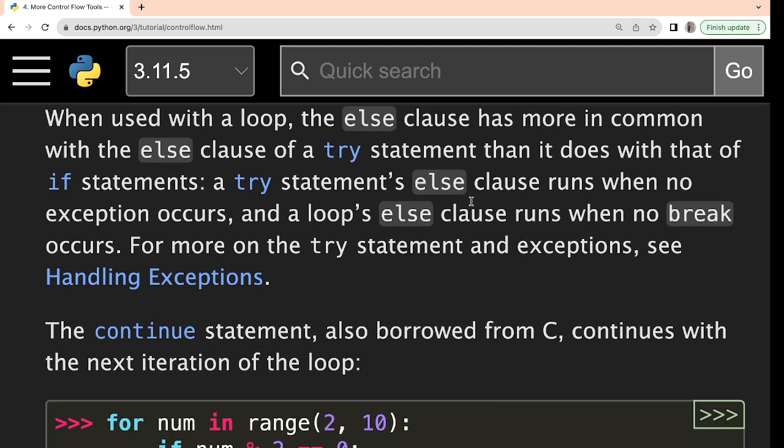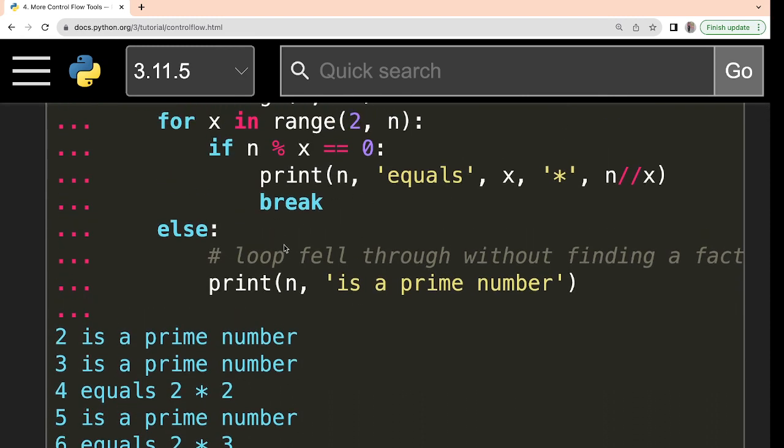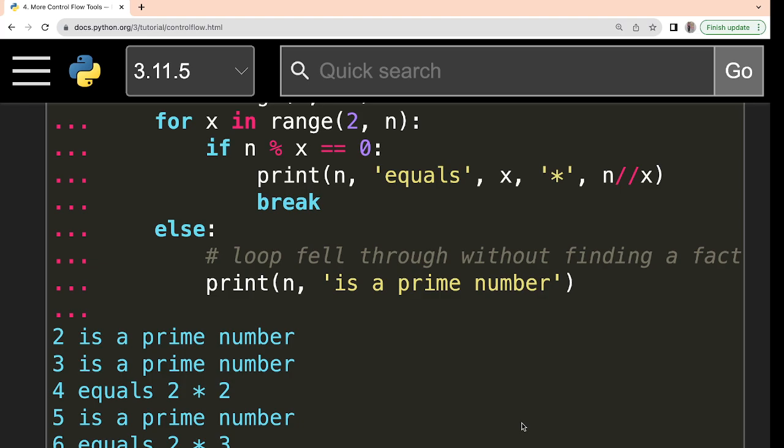A try statement's else clause runs when no exception occurs, right? Those who have studied this may know that along with try we can write an else statement, and that else executes when none of the exceptions occur. So here also it is happening in a similar way. When none of the conditions becomes false, then here else is getting executed, since it is reaching the last iteration.